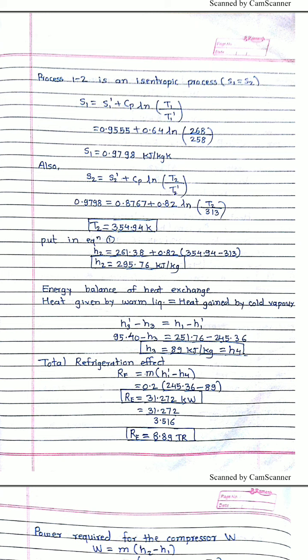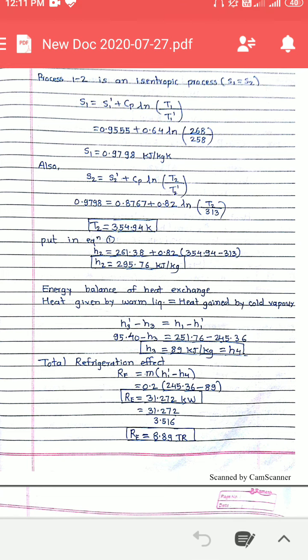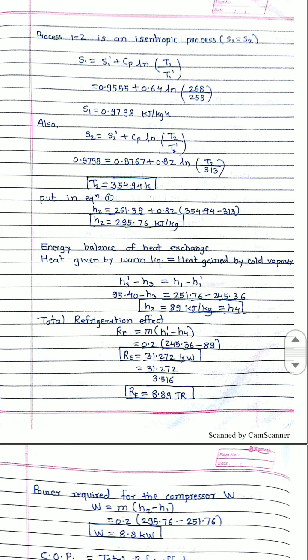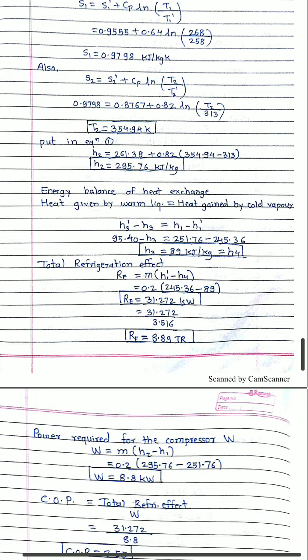Therefore the refrigeration effect is 31.272 kilowatt. If you divide by 3.5, you get tons of refrigeration: 8.89 TR.